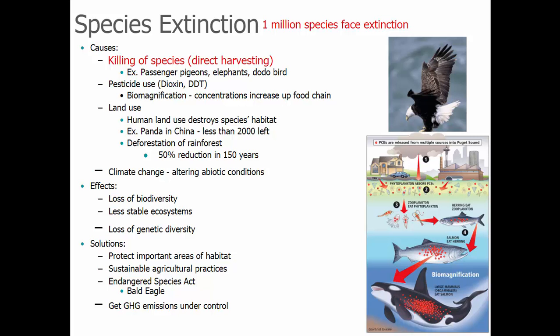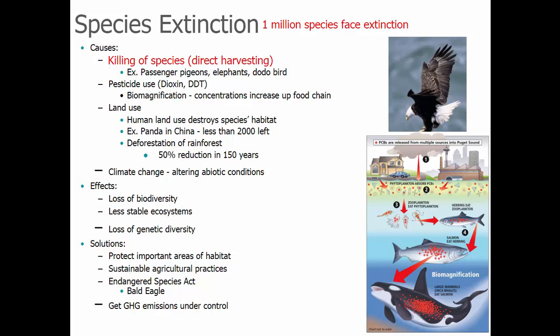Many times these next two are important. One is our use of various chemicals like pollutants, PCBs, DDT, pesticides, herbicides. When we use these chemicals in agriculture or whatever, they can go through a process called biomagnification.